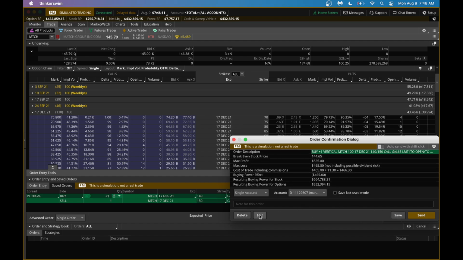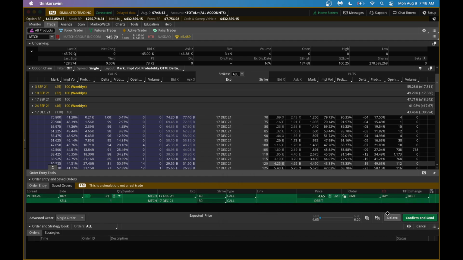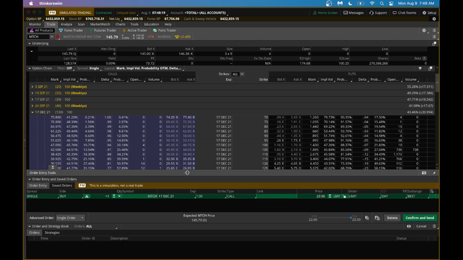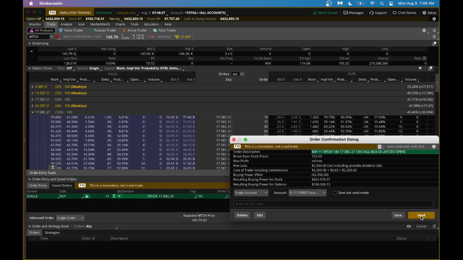And if you want to play options outright, you could buy delta 70, which is right here, delta 72. You pay $23.50 to buy one call option that can control 100 shares. You could confirm and send. Your break-even point is 153, which is a little bit above the current stock price. Your profit potential is infinite, not capped like the spread game.